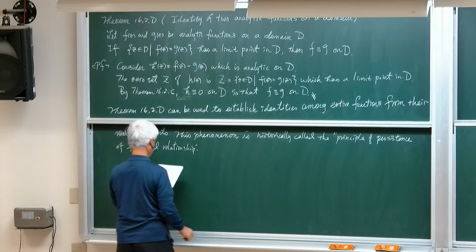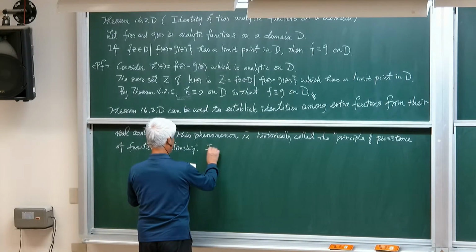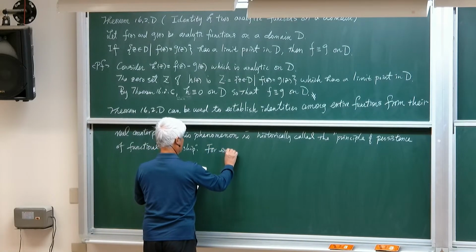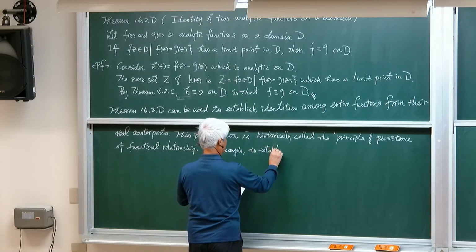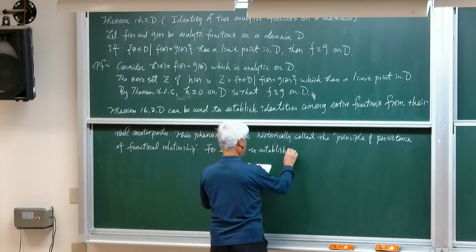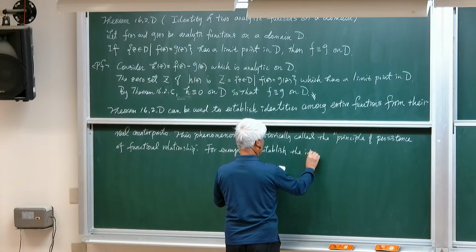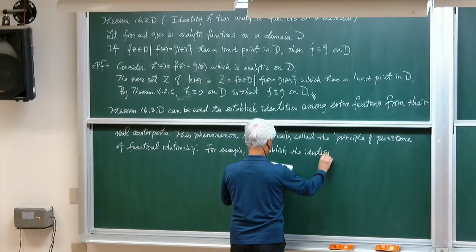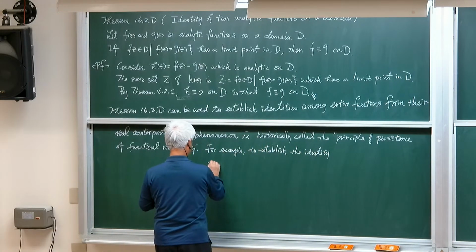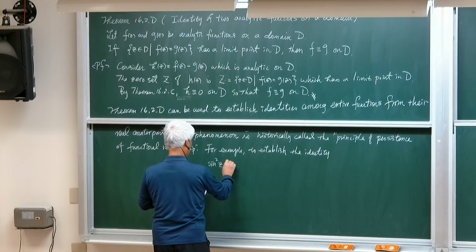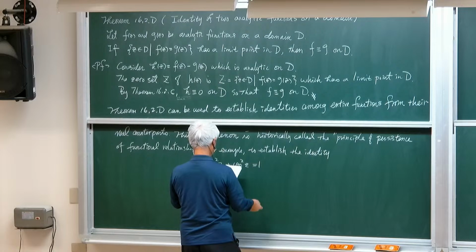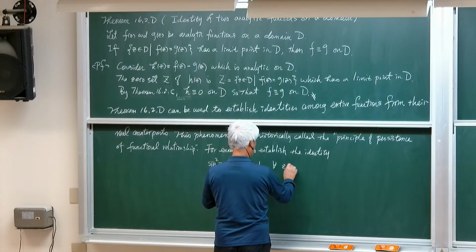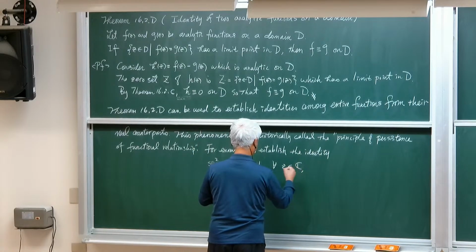Right, so for example, to establish the identity sine squared z plus cosine squared z equals 1 for all z in the complex plane.